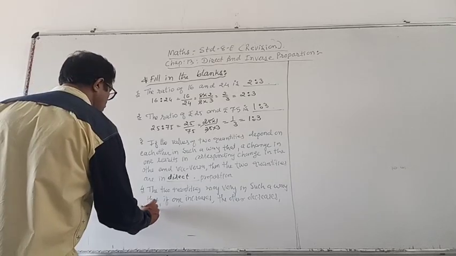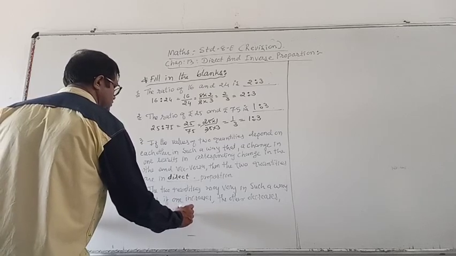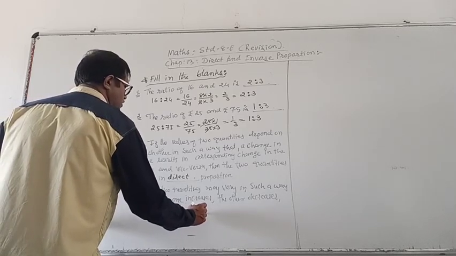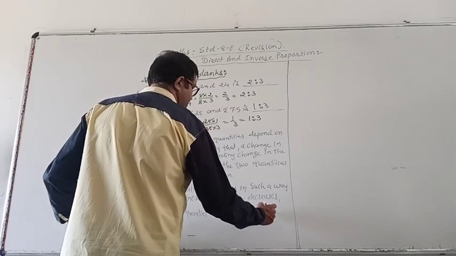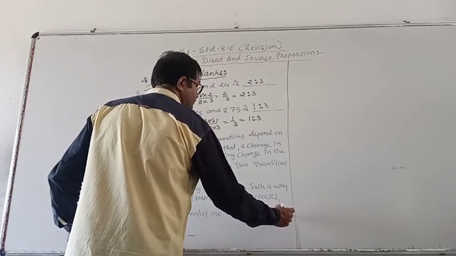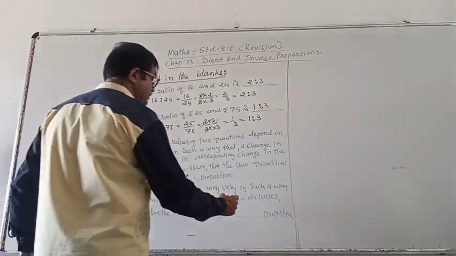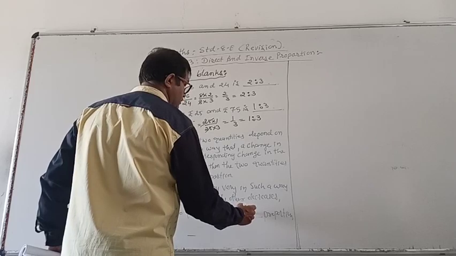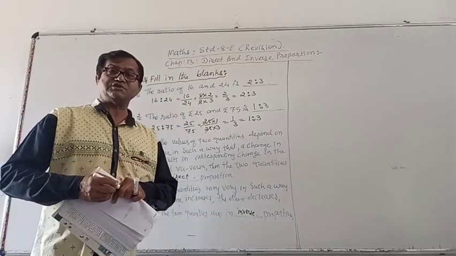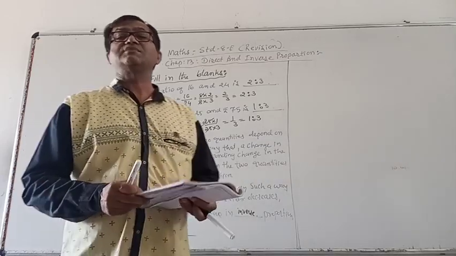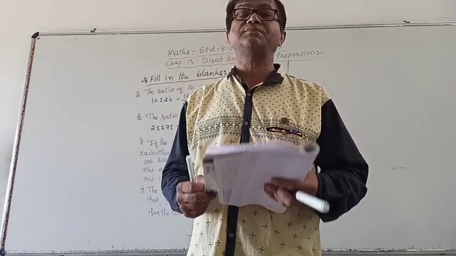Then the two quantities are in dash proportion. We saw that it is the inverse proportion. When one increases, the other decreases, and vice versa. Then we can say that they are in inverse proportion.